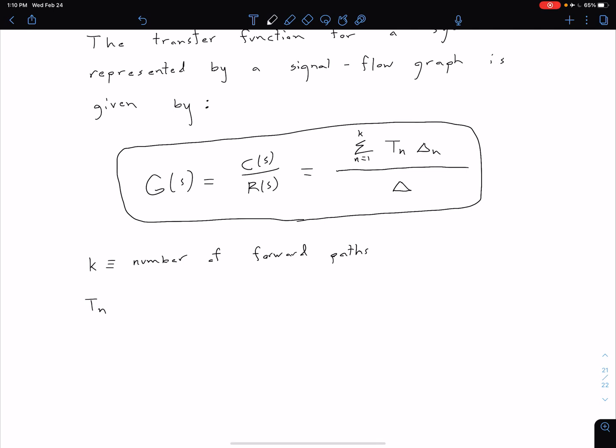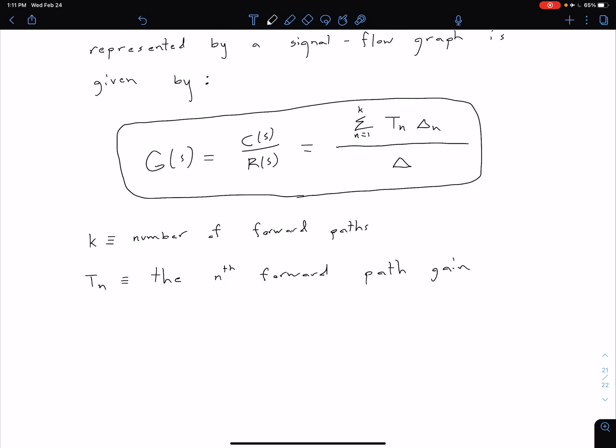Our T sub n, where n is varying from 1 to k, is the nth forward path gain. In the previous video's system, we would have had a T1 for our first forward path and a T2 for our second forward path.